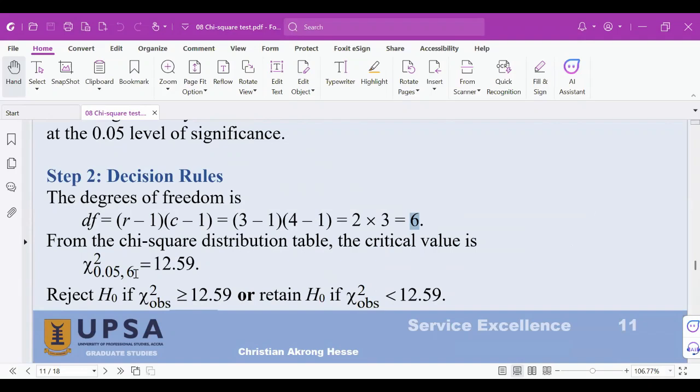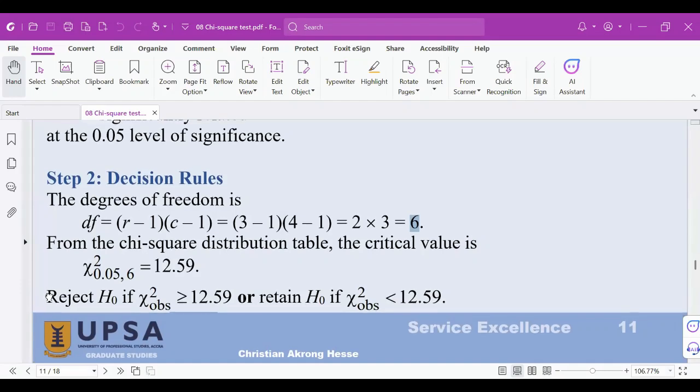What's the value? 12.59. So reject H0 when the computed chi-squared is greater than the critical value, or retain H0 when the computed chi-squared is less than the critical value. So this is the decision rule.